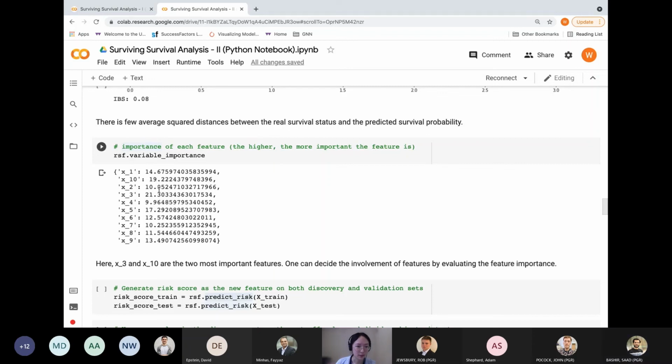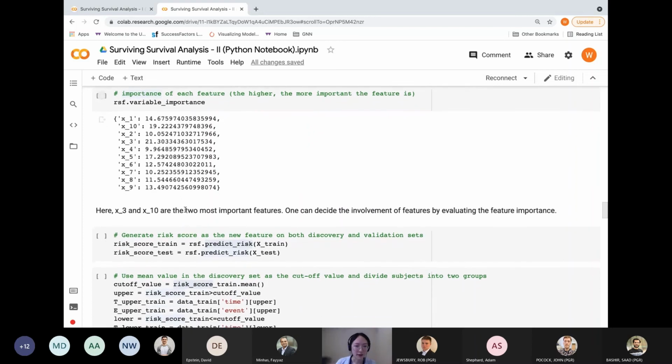So you can say that X3 and X10, these two features, are the two most important features. Therefore this kind of feature importance information can help you to decide which features you want to include in your multivariate analysis.